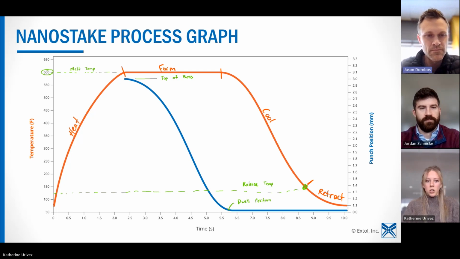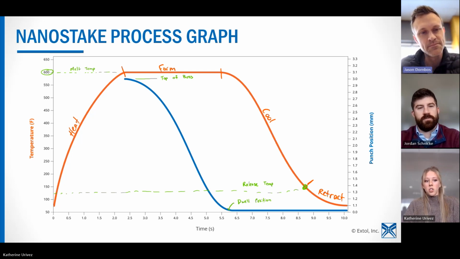Hopefully you can see my little laser pointer on the screen there. Once a set melt temp is achieved, the module will then start coming in contact with the boss and melting the boss. As that boss height is decreasing, that module is moving down until you reach your set program position that the module is looking to achieve.